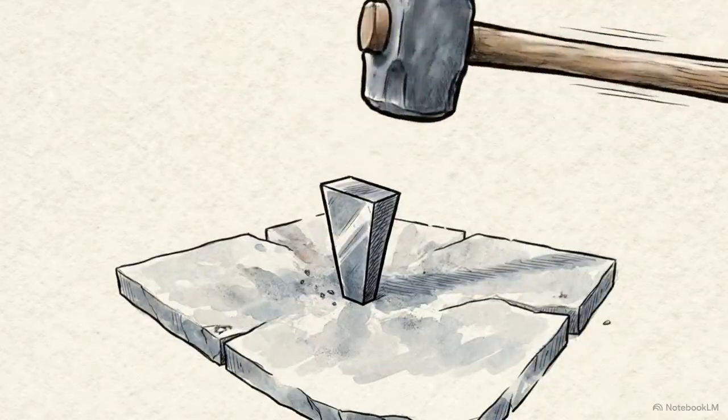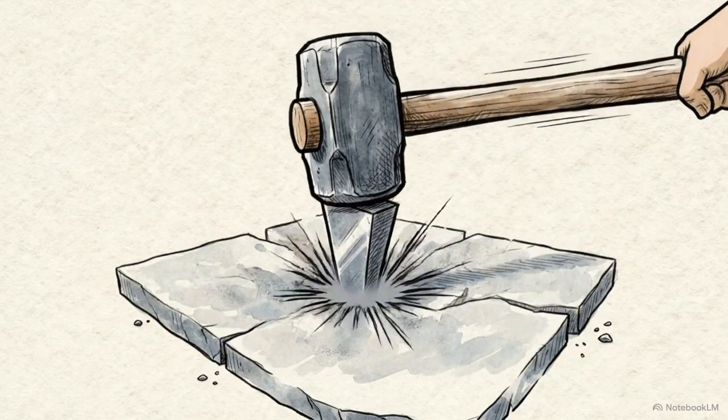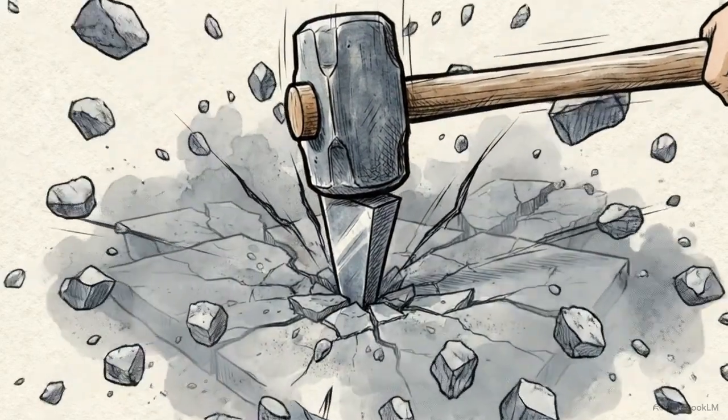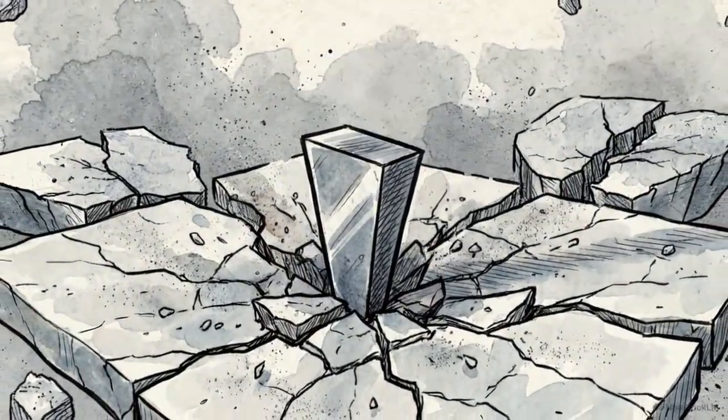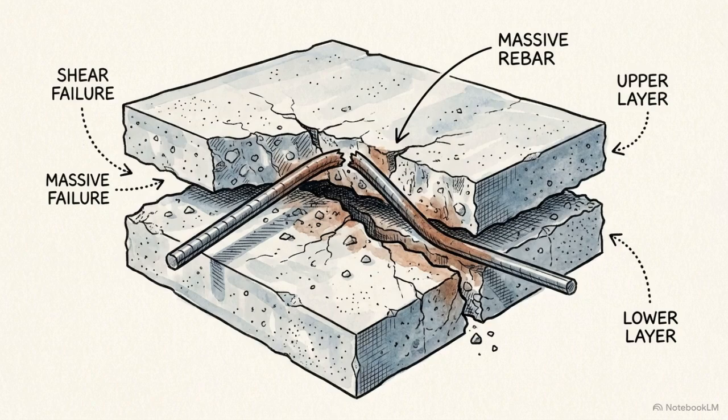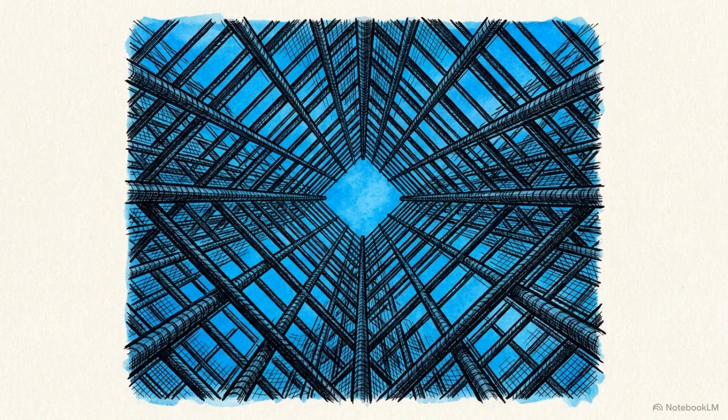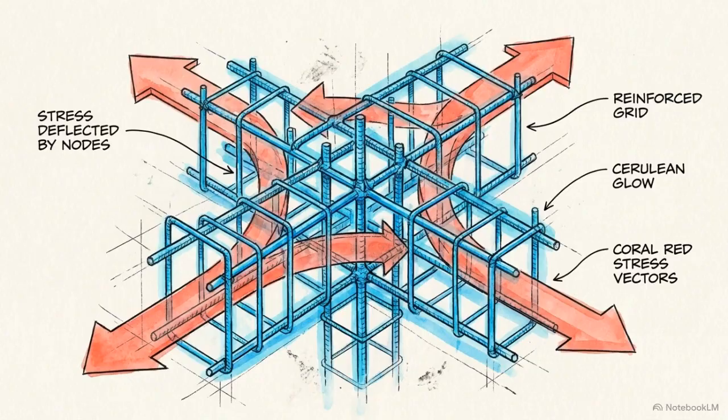Placing a massive steel bar inside a thin slab acts precisely like this metal wedge. Without sufficient bulk concrete surrounding the rebar to maintain friction, the expanding steel simply splits the slab in half. These spacing and diameter limits function as physical nets, meticulously engineered to geometrically intercept specific structural failure modes.